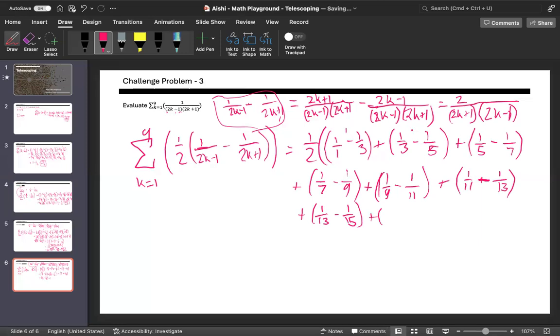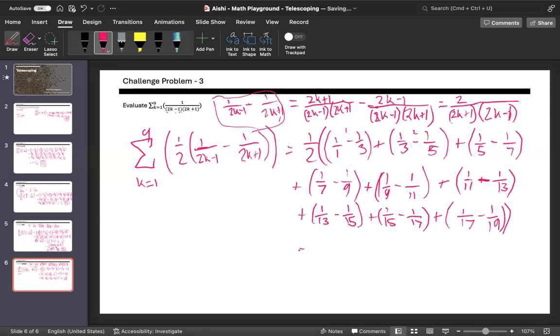So 1, 2, 3, 4, 5, 6, 7. Okay, 1 by 15 minus 1 by 17. Then our last one, which is 1 by 17 minus 1 by 19.